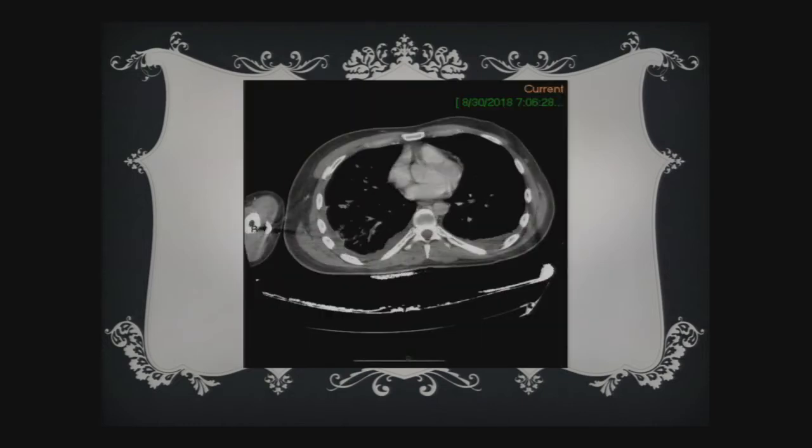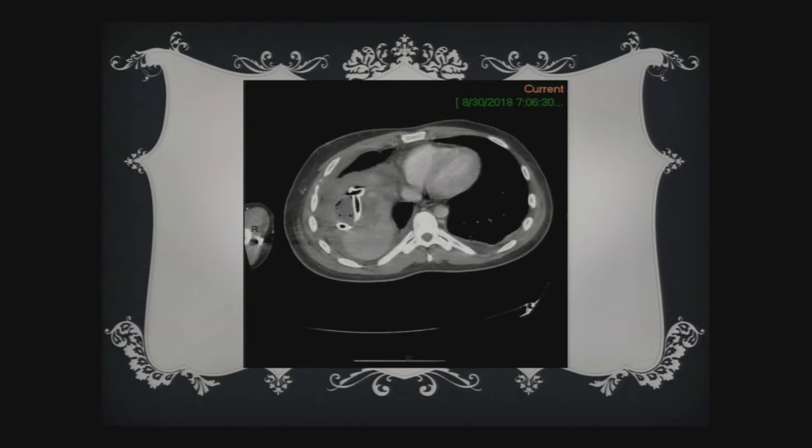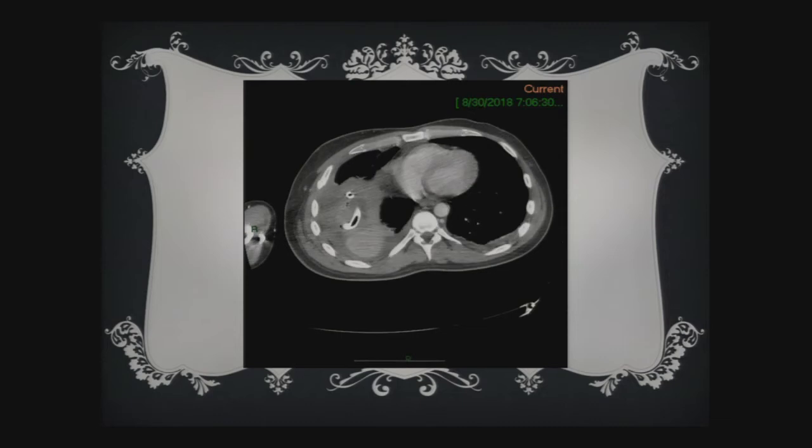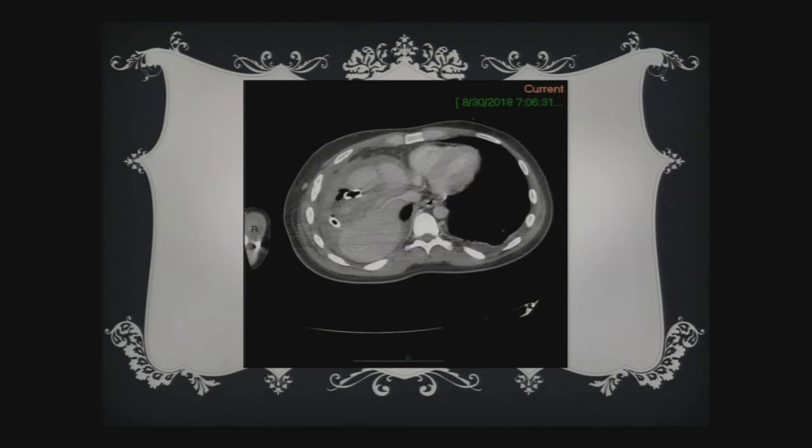They went in and with a laparoscope, looked, and also used the laparoscope to view through the tract to view inside the liver cavity there, and they were able to place this Malecot drain.